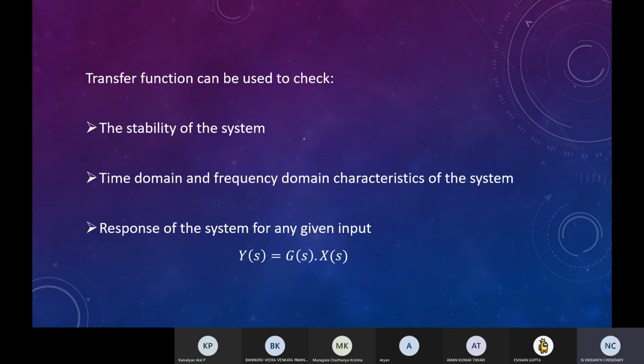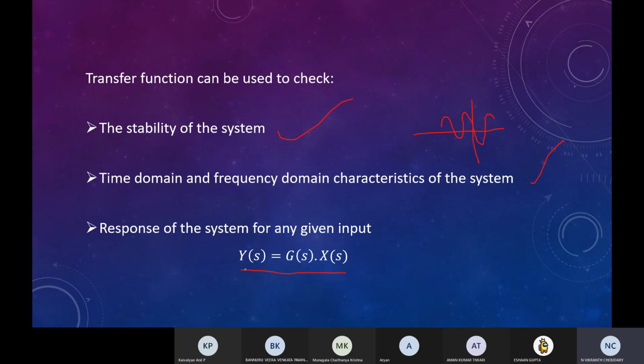So, what does the transfer function actually tell us? It tells us about the stability of the system. We'll see this in a minute. It tells us about the time domain and frequency domain characteristics of the system; given a transfer function, you can plot the actual time domain graph of the voltage from that. And it also tells us about the response.